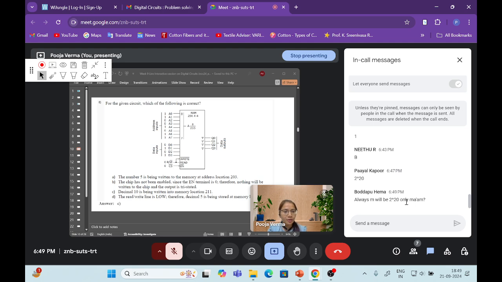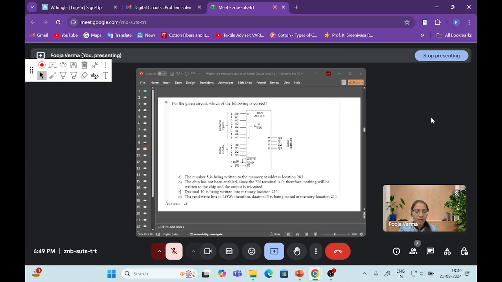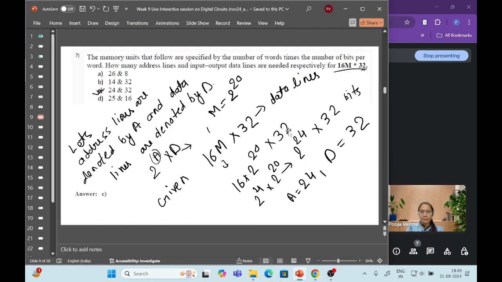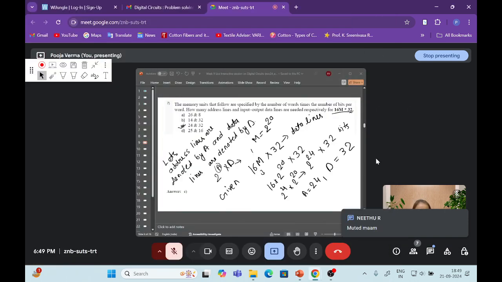Yeah, capital M will be 2 to the power 20 in the memory unit. And capital K is represented as 2 to the power 10, if it is given somewhere. Okay, yeah, sorry. Now I am audible.